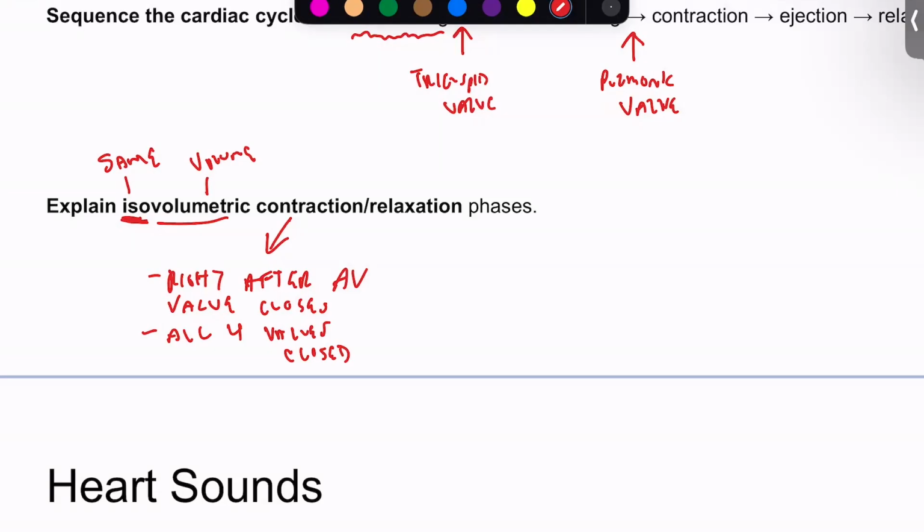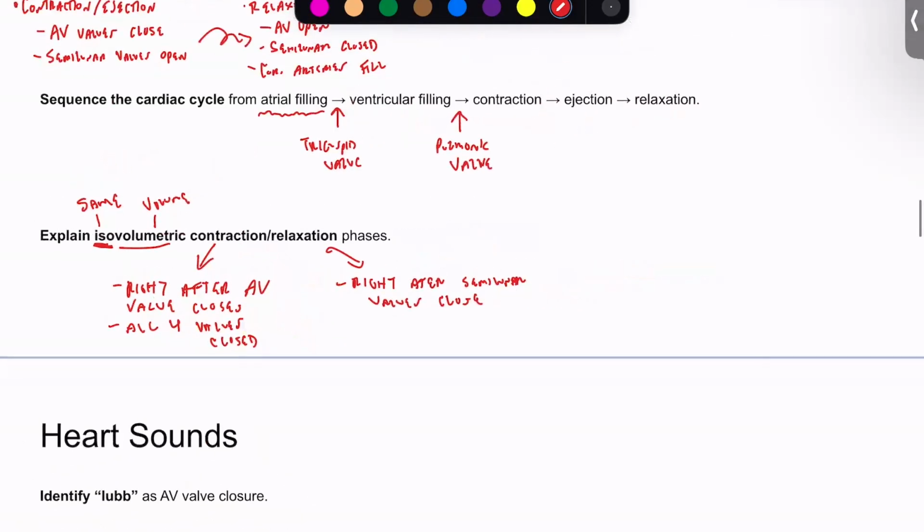And then relaxation is going to be the exact opposite. This is right after the semilunar valves close. Again, the volume stays the same, but the pressure is going to be falling. All four valves are closed, and that's why it's called isovolumetric.